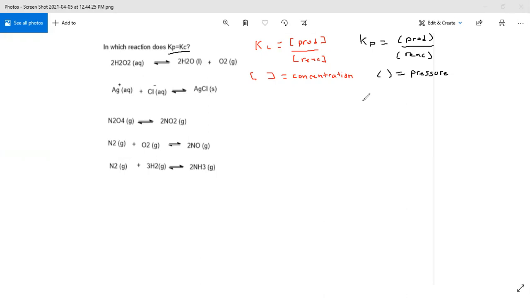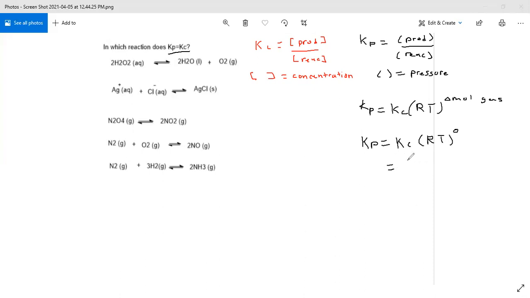So another equation that shows this is Kp equals Kc times RT to the change in moles of gas. So if your change in moles of gas in a reaction equals 0, then your pressures actually are the same as your concentrations. The reason is because anything raised to the 0 power equals 1.